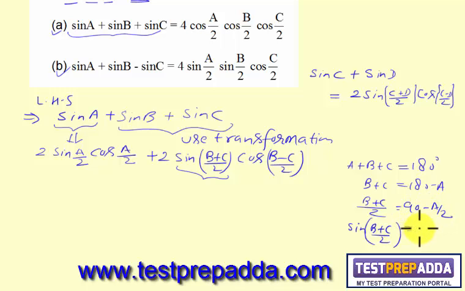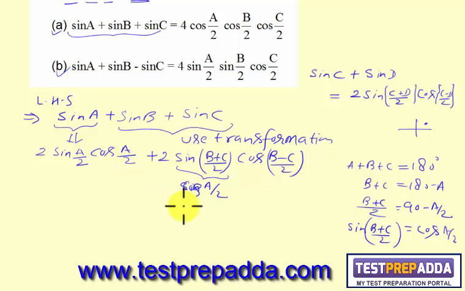Sin 90 minus something will become cos, but 90 minus something lies in the first quadrant, where the sign is positive. That is why it will become cos A by 2. So in place of sin B plus C by 2, I can take cos A by 2. You can see cos we have found here.